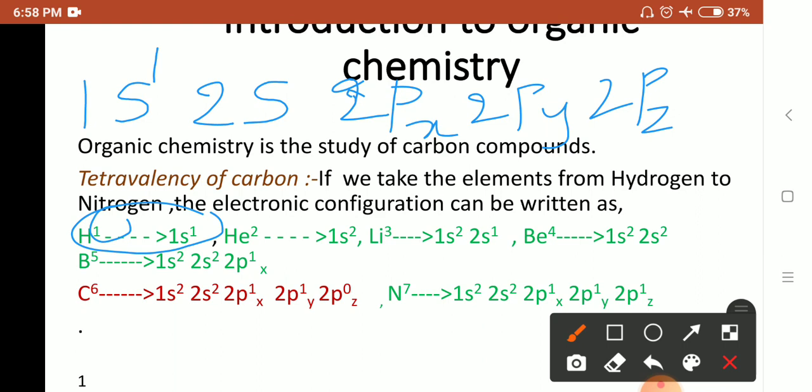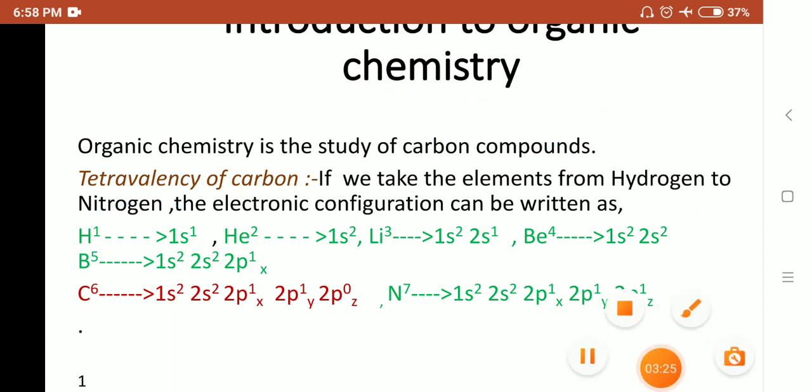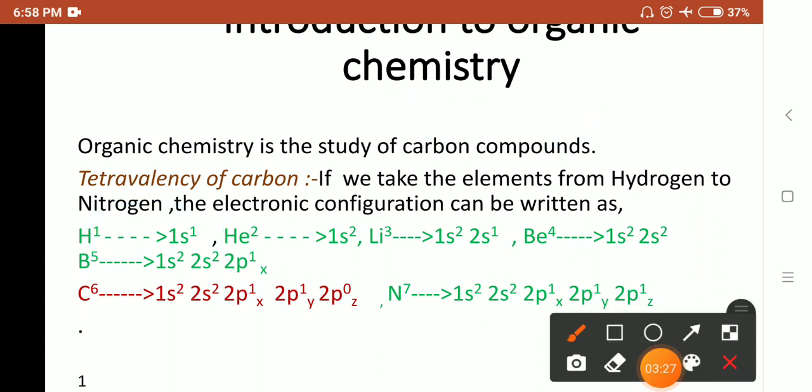Now coming to helium, the second element in the periodic table, atomic number 2 means 2 electrons. So 2 electrons go into the 1s only, because each orbital has the capacity to take 2 electrons. The configuration of helium is 1s2.